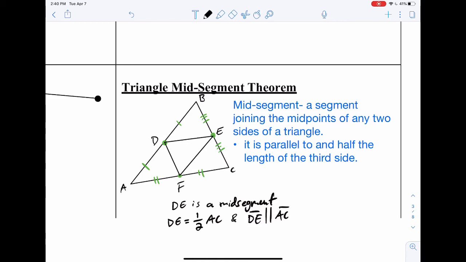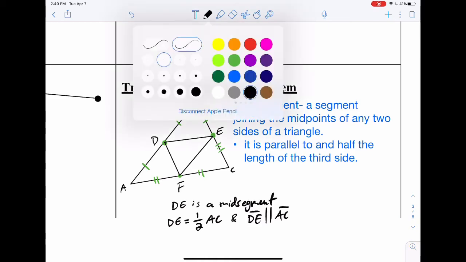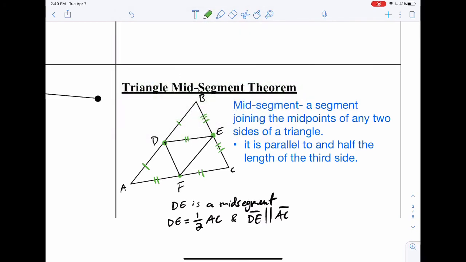So since it's half the length, I can put those same 2 tick marks because this is the same length as this. And they're also parallel, so I'm going to add parallel arrows.